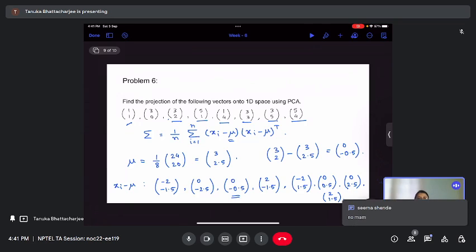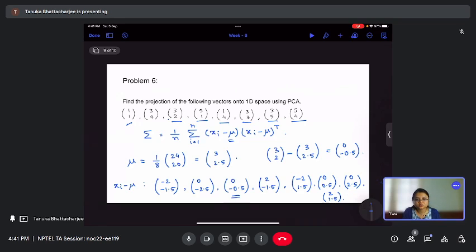Can you just unmute and tell your doubt? Ma'am, I am not getting how this becomes 0 and minus 0.5. You are talking about the third example, right? X3. The original value was 3, 2, and this was your original data point.